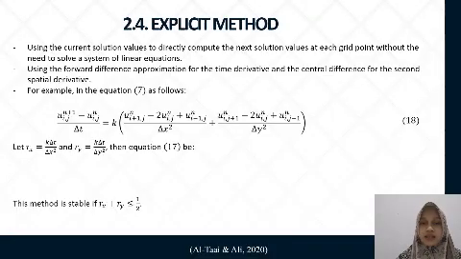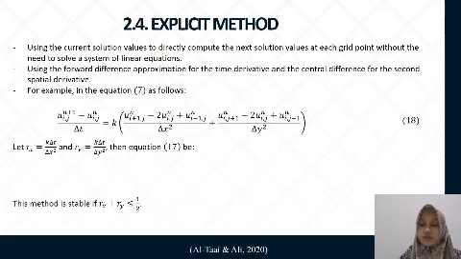And the next method is the explicit method. This method uses the current solution values to directly compute the next solution values at each grid point without the need to solve a system of linear equations. This method uses the forward difference approximation for the time derivative and the central difference for the second spatial derivative.